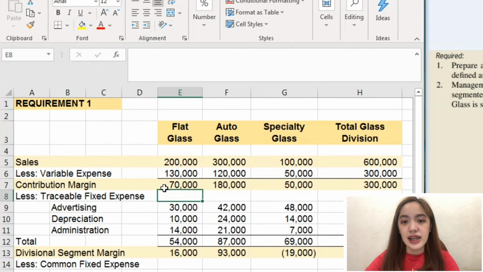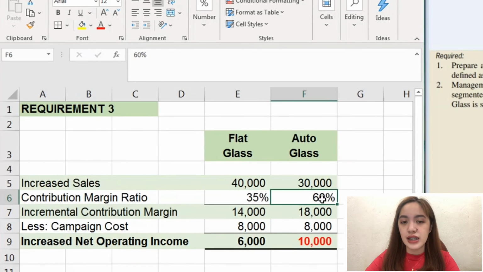So for flat glass, it will be 70,000 contribution margin divided by 200,000 sales, getting a 35% for its ratio. And for Autoglass, 180,000 contribution margin divided by 300,000 sales, getting a 60% for its ratio.